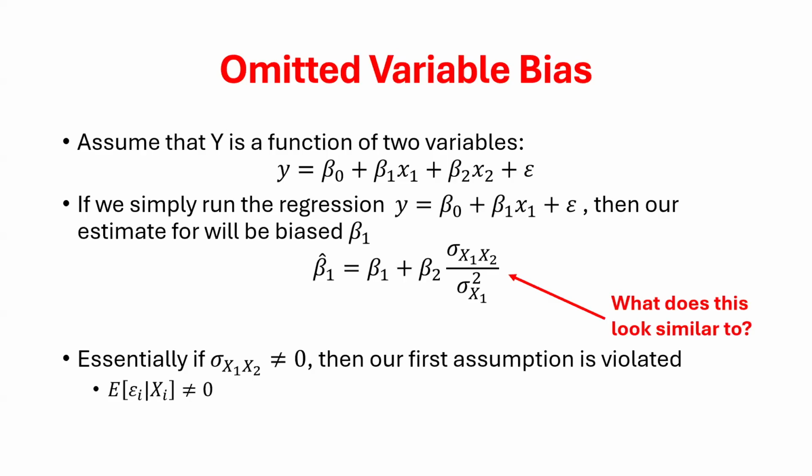And then here I said, we don't usually worry about this because we know the sign, but the variance of that variable I included. So in this example, if I ran my simple linear regression, is my estimate going to be too high or too low?